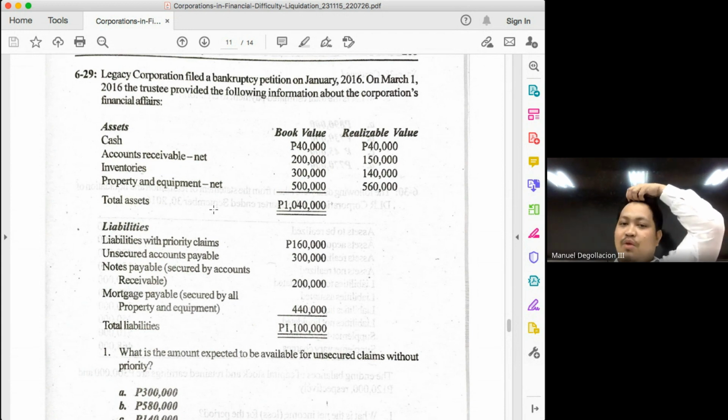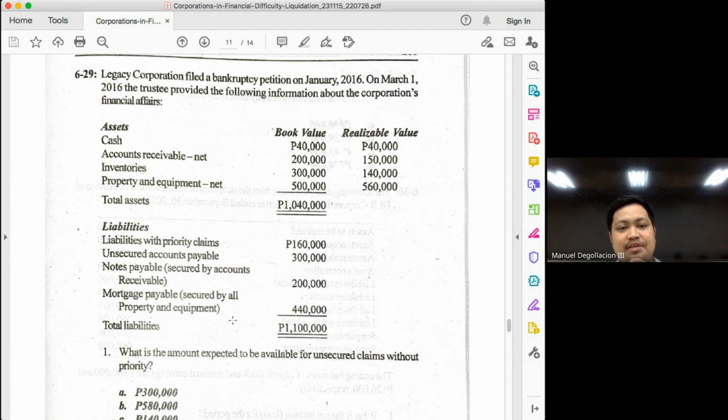What are the two things I want you to remember for your numerator in the computation of your recovery rate? Do not forget to add the excess on your fully secured liabilities. Which one is fully secured here, or do we even have a fully secured liability? The notes payable is secured, correct? It's 200,000.